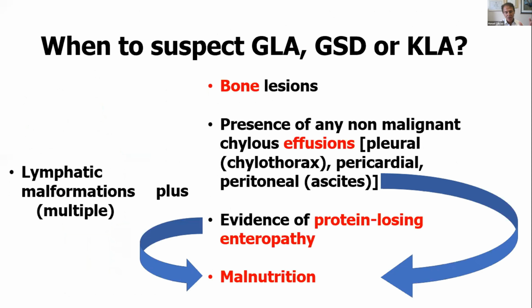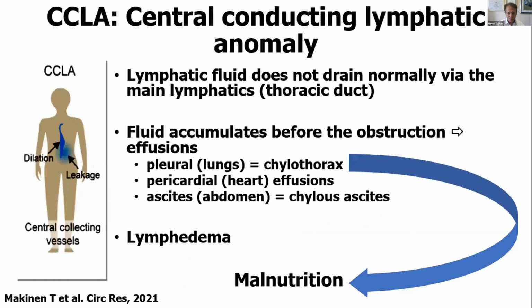And these things often will result in malnutrition because you're losing a lot of things, including fat, because you need your lymphatics to absorb fat and to ultimately deliver it back into your circulation. So often you'll get malnourished if you have these things.